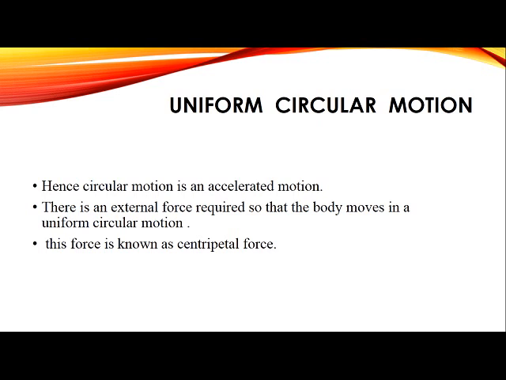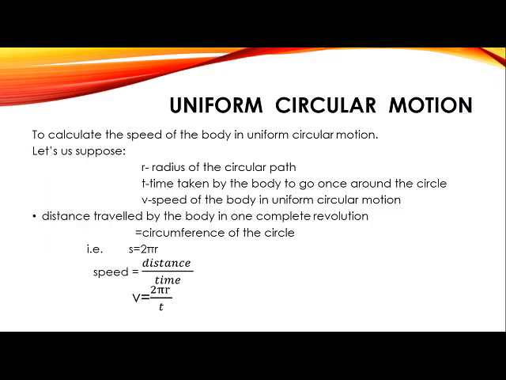This external force can be applied in any way, like when you were moving the eraser, you were applying that external force with your hands. So whenever a body is moving in a uniform circular motion, there has to be an external force so that the body continuously moves in a uniform circular motion. This force is called the centripetal force.